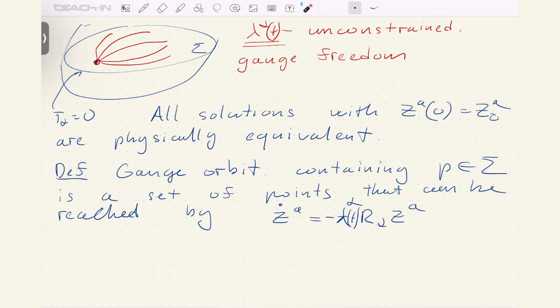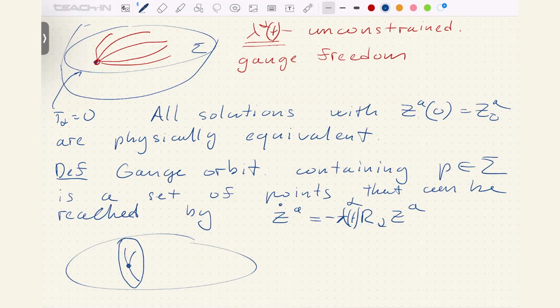So by solving this equation, we start with a certain point and we can get to different points here and there, and all these points form a certain subset, and this subset is a gauge orbit.